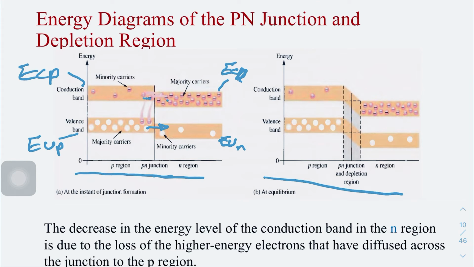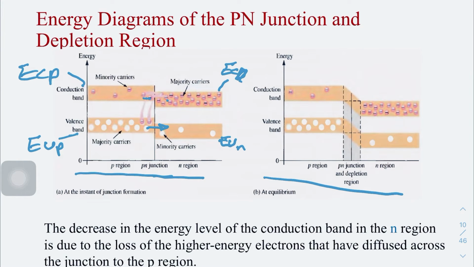This passing of free carriers from side to side leads to the creation of a depletion layer, and it also leads to the creation of a potential barrier.